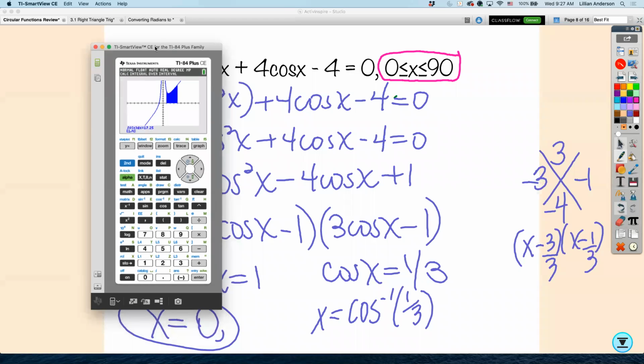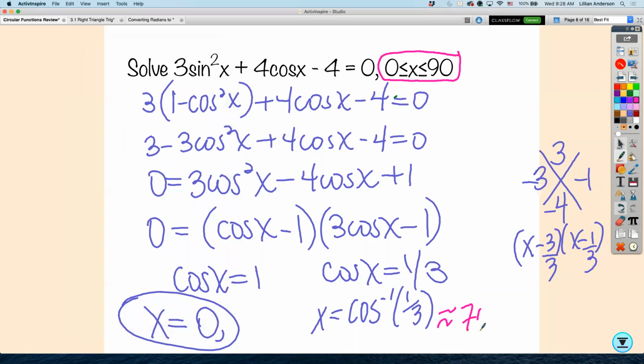So let's double check that real quick. My mode is on degree. And then I just do cosine inverse of 1 divided by 3. And this will be the other angle that I need. And it is between 0 and 90. So rounding to three significant figures, x is equal to? 70.5.